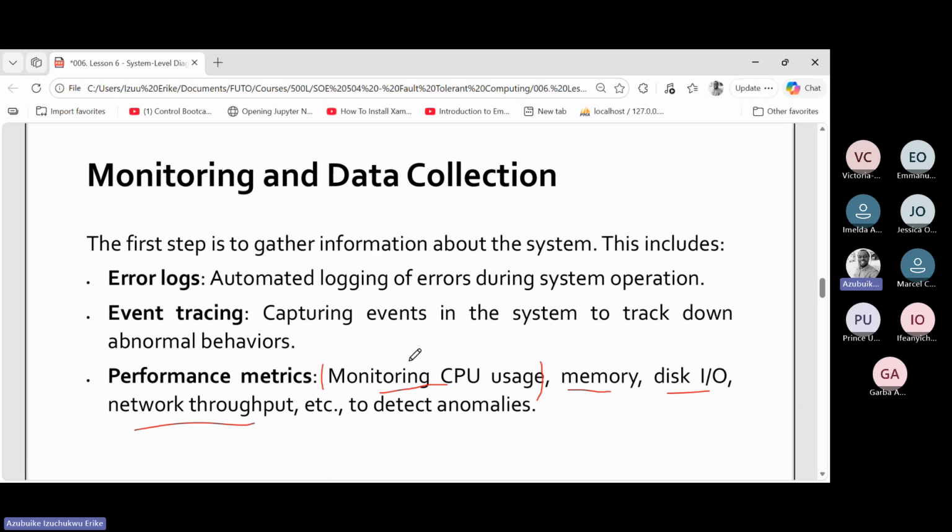Now, let me give another illustration. Let's assume that you've developed an embedded system that monitors the flow of fluid in a pipe. That fluid can be water, it can be oil, it can be anything. And then you want to be sure that the entire operation is still functional.